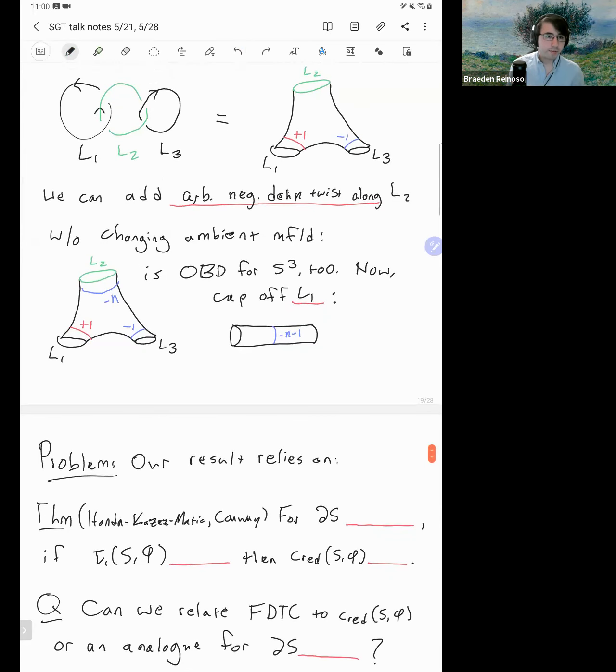And note that this fractional Dehn twist coefficient is arbitrarily low, and this is also an open book decomposition for a lens space. It should be like L(-n-1, -n minus whatever), which is, of course, a rational homology sphere.